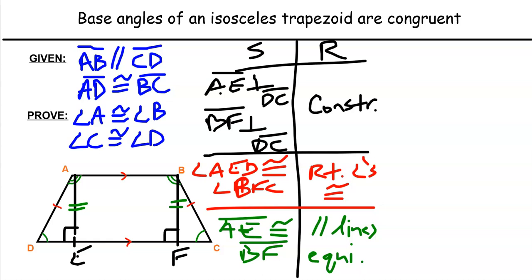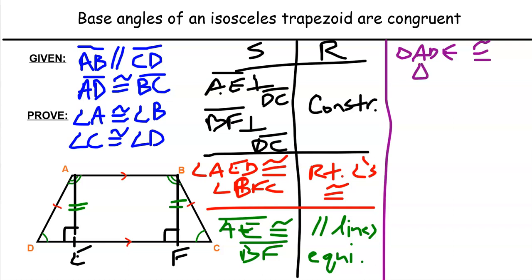So now we have triangles that have one congruent angle and two congruent sides. In this case, it's not a violation of congruence because they're right angles, so we can use hypotenuse leg as our congruence theorem. And then we can say that triangle ADE is congruent to triangle BCF by HL.